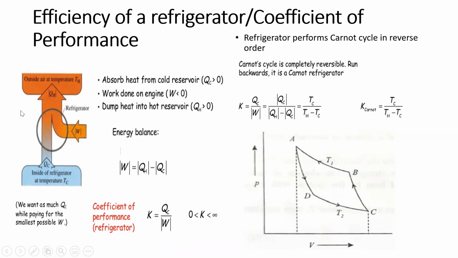And also when we look into a diagram similar to that of a heat engine, see, the heat energy is taken from the cooler region, that is from the inside of the refrigerator. The heat energy is taken and we do work on the system, on the refrigerant, from outside, and the total heat energy is given to the hotter outside air.